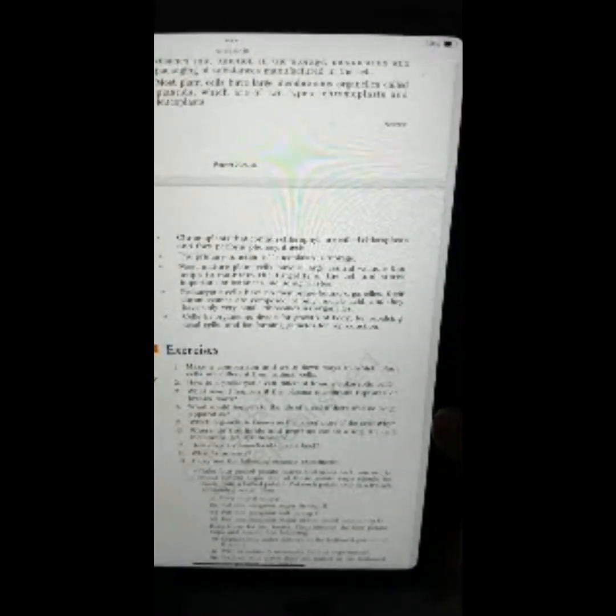Most mature plant cells have a large central vacuole that helps to maintain the turgidity of the cell and stores important substances, including the waste. Prokaryotic cells have no membrane bound organelles. Their chromosomes are composed of only nucleic acid and they have only very small ribosomes as organelles. Cells in organisms divide for growth of body, for replacing dead cells, and for forming gametes for reproduction.